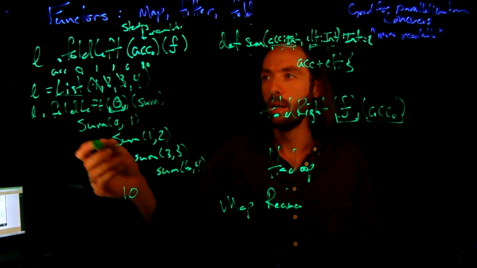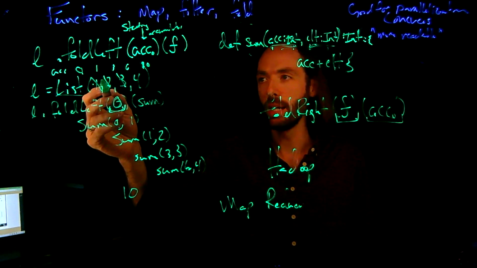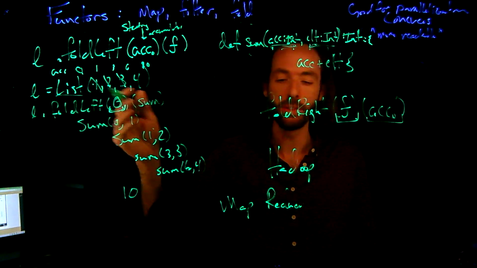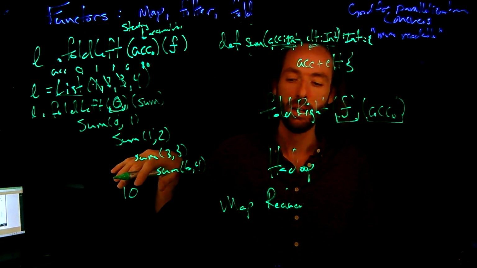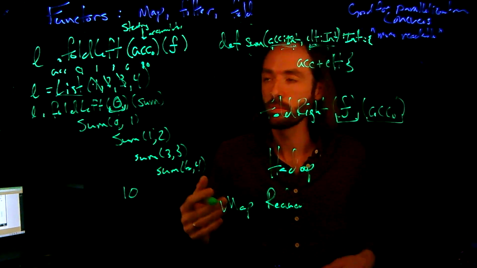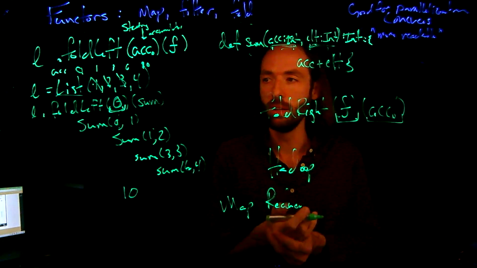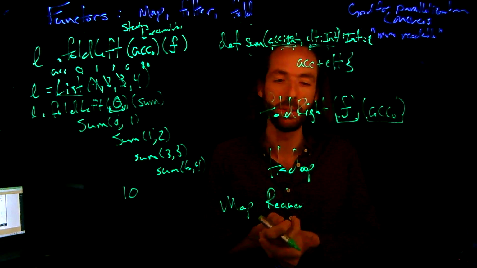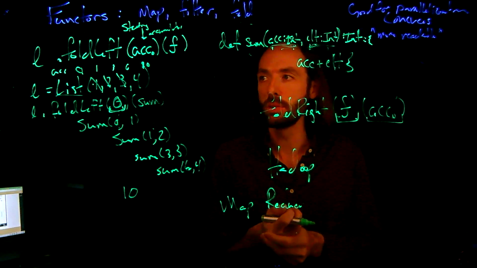So that would be maybe a map to turn heights from centimeters into feet and inches, and then a filter to remove anything that doesn't have a height associated with it, and then a fold left to finally do the average, right?